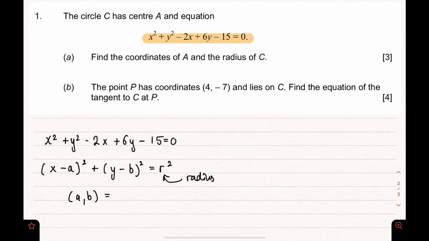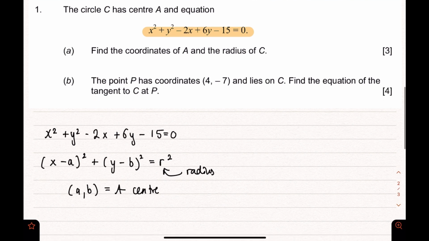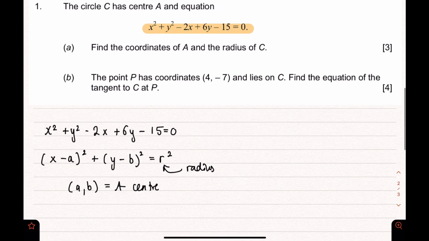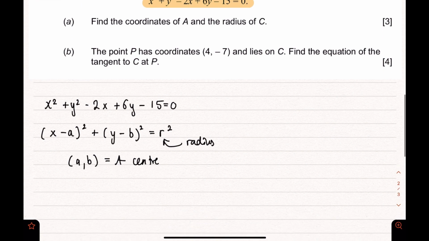And the centre of the circle can be obtained by using a and b in the equation. So in order to simplify the equation of the circle, we will be using the method of completing the square.